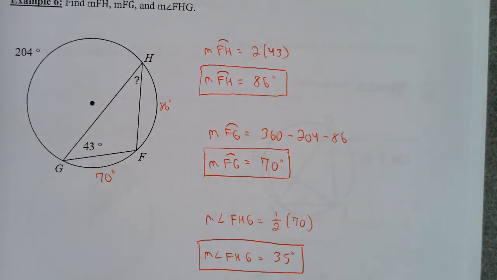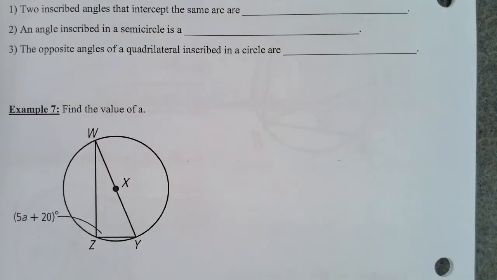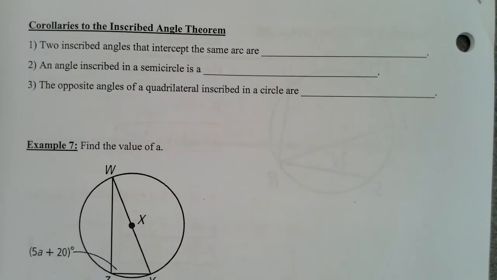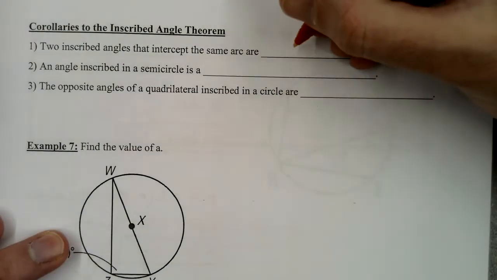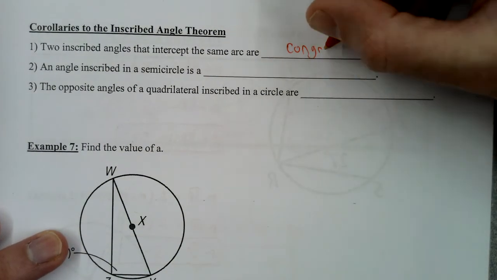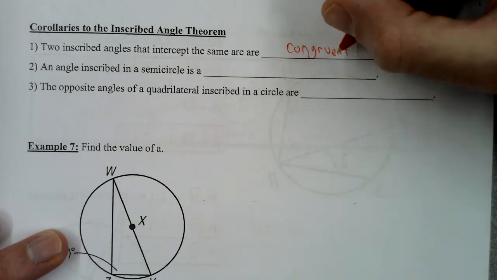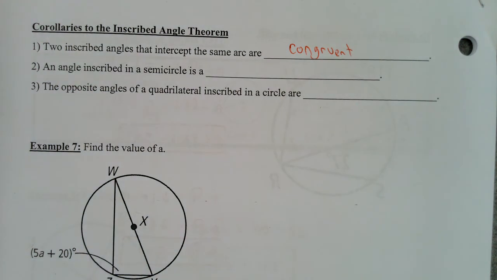Okay, last page. Two inscribed angles that intercept the same arc. If they intercept the same arc, then it means the two angles are going to be half of the same angle, so they're going to be congruent. We'll look at an example of that in a minute.